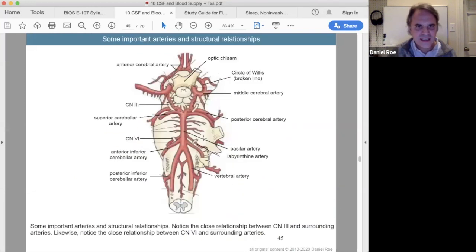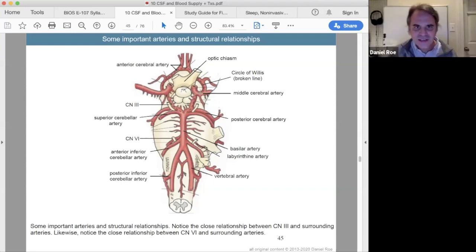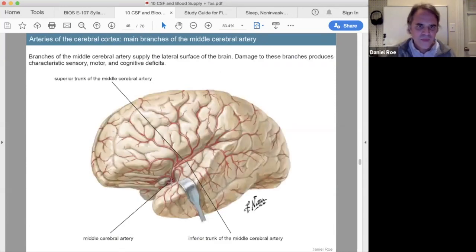So we'll go to the next slide. There's the middle cerebral artery coming off the circle of Willis. Some middle cerebral artery right there. And then going forward, again, middle cerebral artery. And here we have the superior trunk and the inferior trunk.